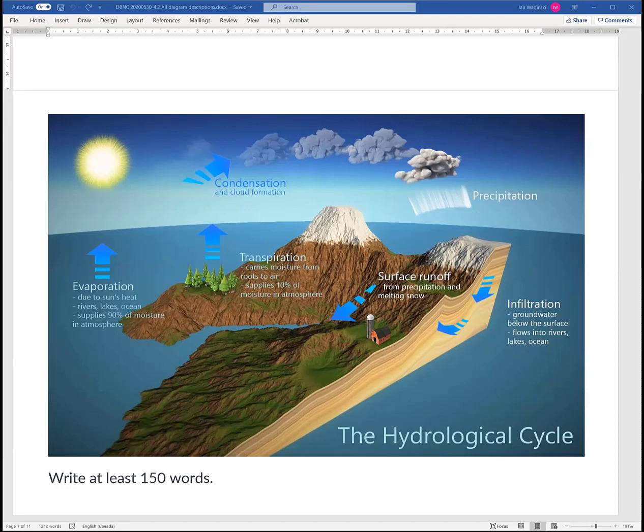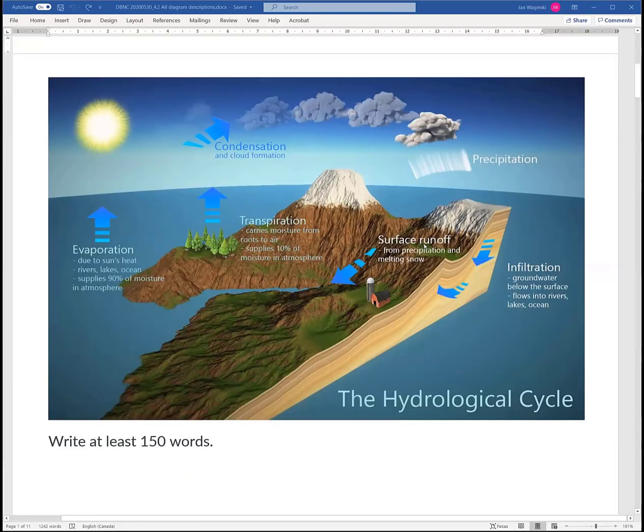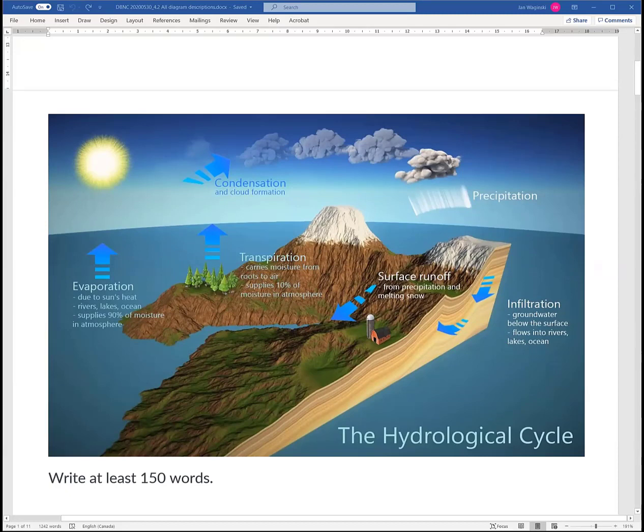The hydrological cycle starts with the evaporation of the water from the sea, by the sun. Then condensation starts in the air. Then it falls as rain. After that, the rain falls on the mountain.